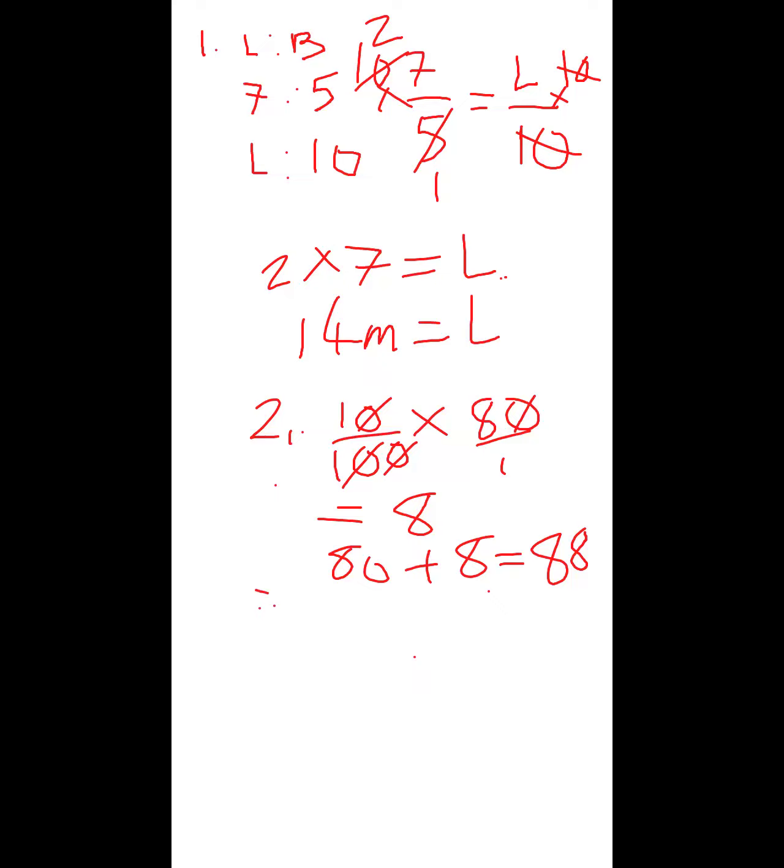I'm not sure if I got this one right, but so what I done is I divided. Wait, is it divide? No, go ahead. Let me know what you did first. So I'm not sure now.